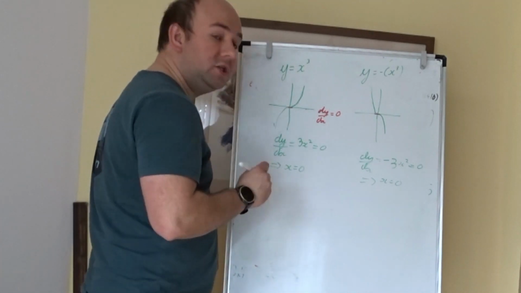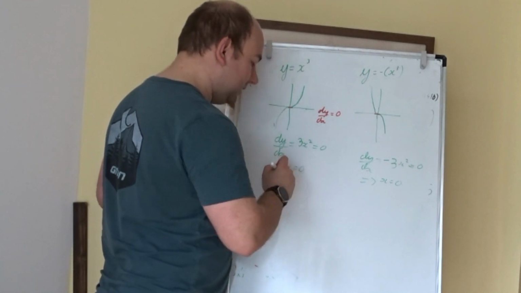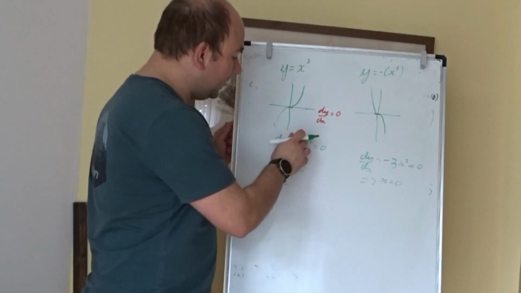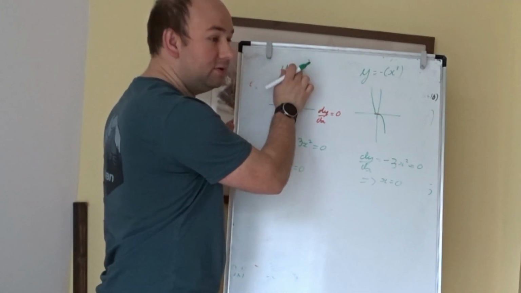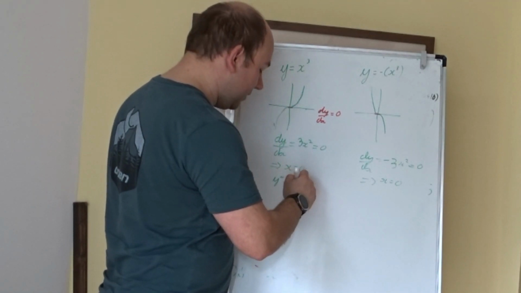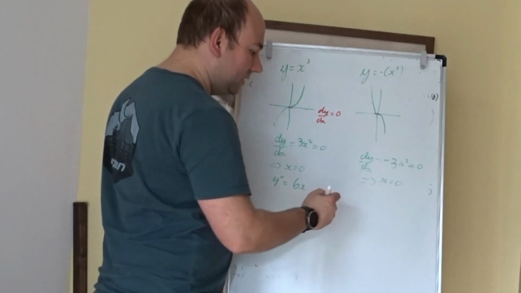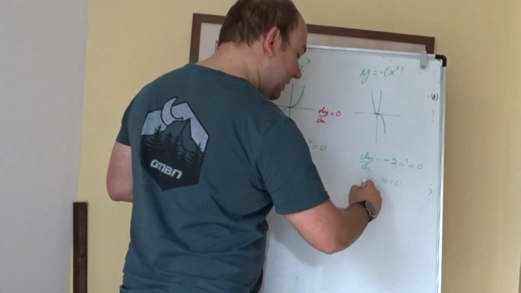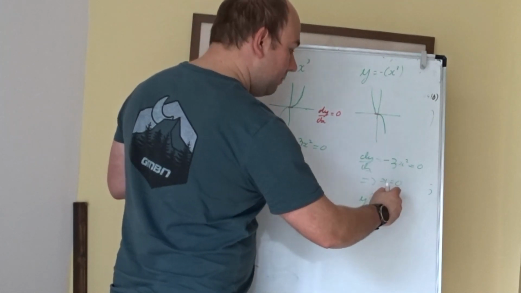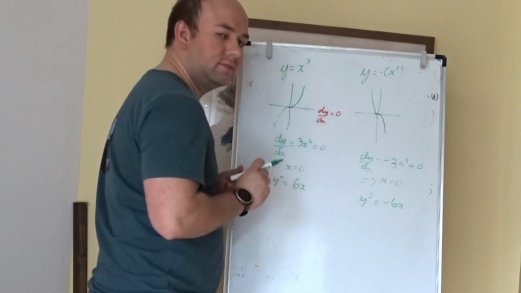The question is, what happens when we do the double differential? So I'm going to write this as y double prime. So let's differentiate this again. So we're going to be doing the double differential of this, which is the differential of this. So the 2 is going to come down and we're going to end up with 6x. And in this case, what we're going to end up with is the double differential, or y double prime, is equal to minus 6x.